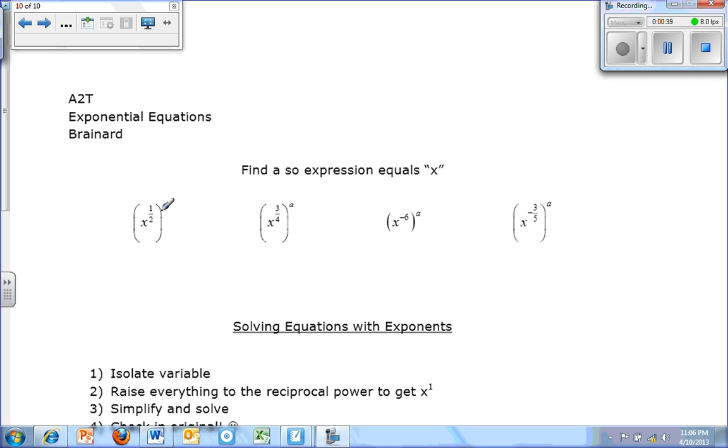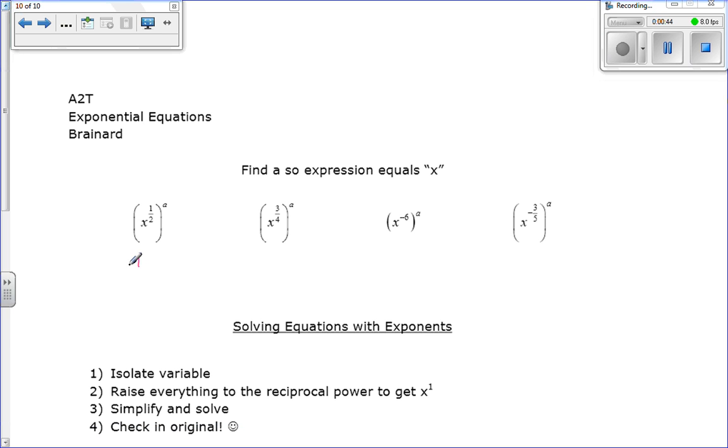So I have 1/2 times a equals 1. My goal is to figure out what a is. I have 1/2 a. In order to get rid of the 1/2, I would simply multiply both sides by 2. Here the 2's cancel out, so I'm left with a equals 2.